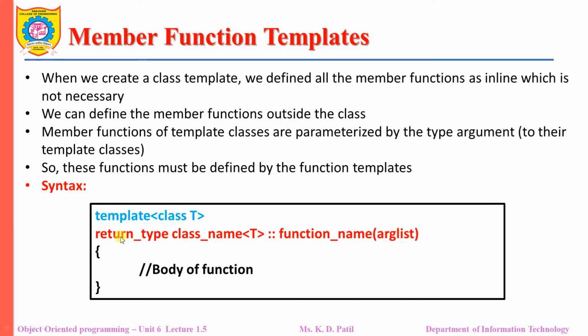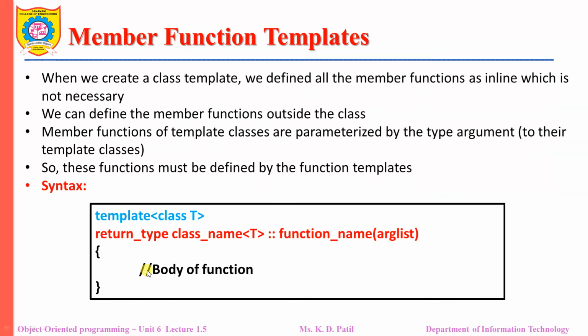If you observe the syntax here, I have the template statement, and here I have the return type followed by the class name followed by the type T. Here we have the generic type followed by the scope resolution operator followed by the function name with the argument list, and here is the body of the function.